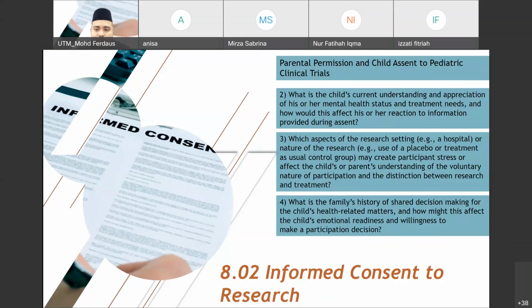Which aspect of the research settings or nature of the research may create participant stress or affect the child or parent understanding of the voluntary nature of participation and the distinction between research and treatment? I only have a couple of opportunities to conduct experiments. It's very difficult to find participants who agree to join.